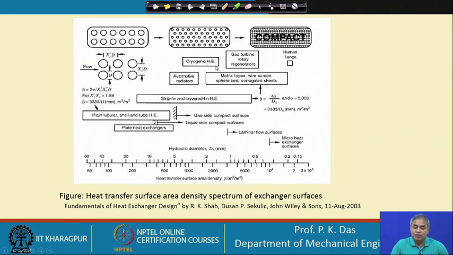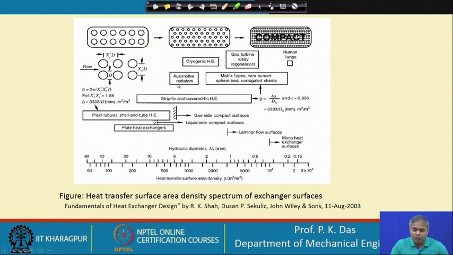Cryogenic means air liquefaction etcetera, and there we need very compact heat exchangers. Then the gas turbine rotary regenerator, for which I have already shown a schematic diagram, is also a compact heat exchanger.